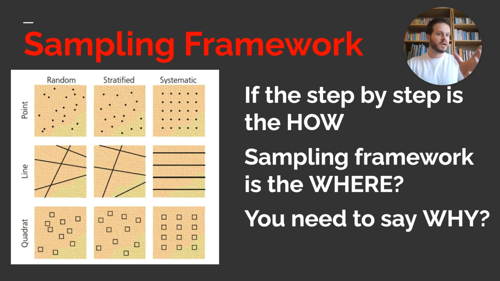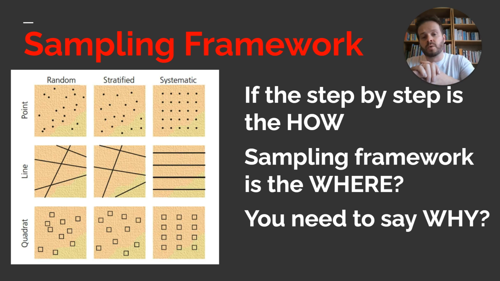When I said present it on a map, let's say the beige underneath here is a town centre, and you've got the dots or the lines which might form the transects or the quadrats that are overlain on the map. You can do this using ArcGIS, which I'll put into a separate video, how to use ArcGIS for your data and for your methods and your sampling. Really useful tool, and it does go down well for the people marking projects.